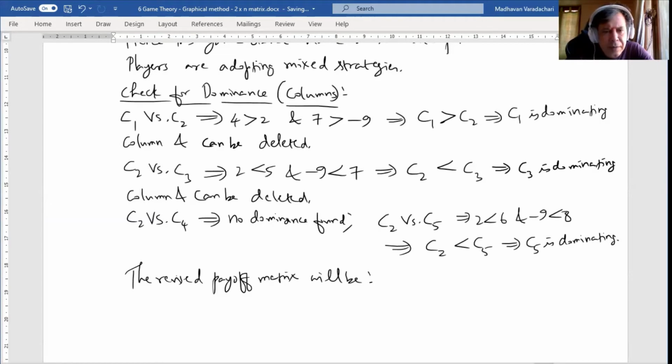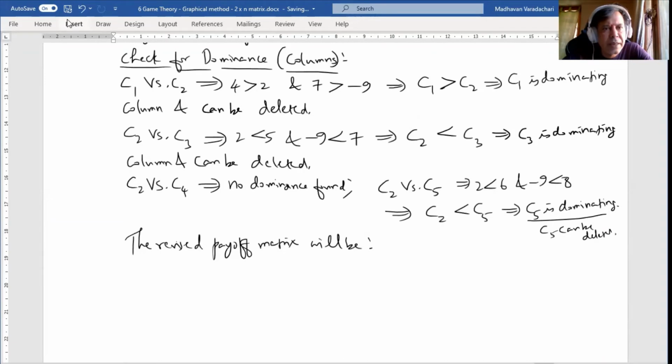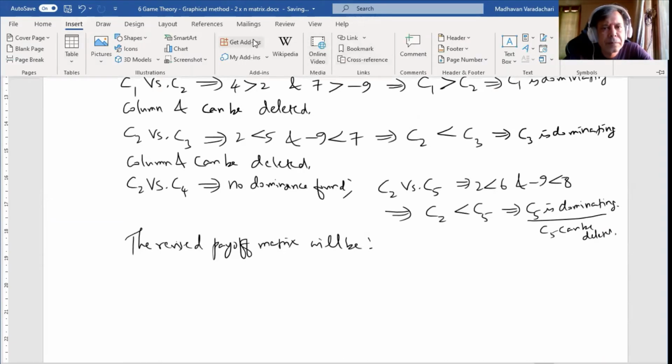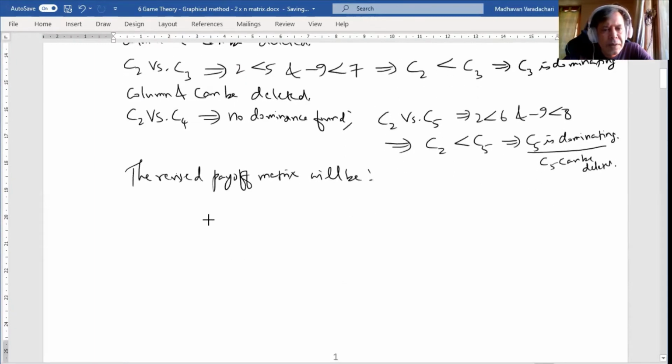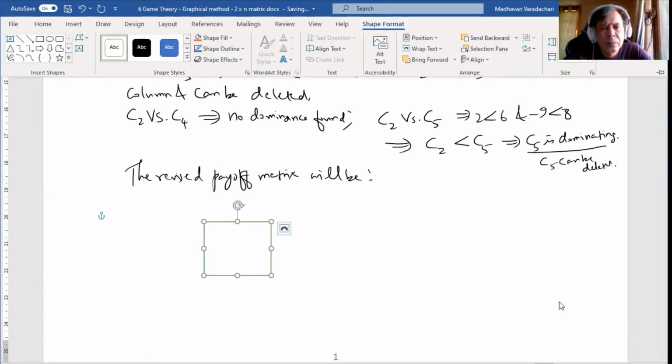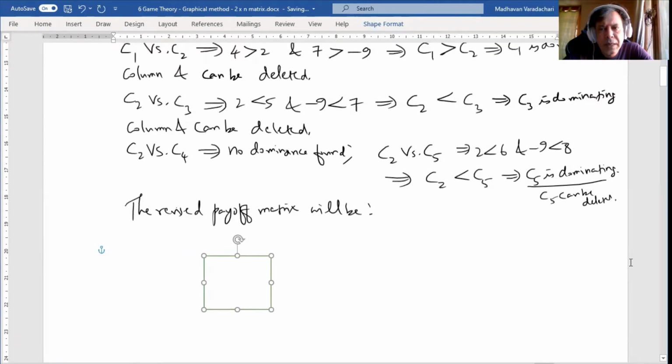C5 is dominating, which means C5 can be deleted. So C1, C3, C5, 3 columns are getting deleted. So now it will become simply a 2 by 2 matrix. What is getting deleted?